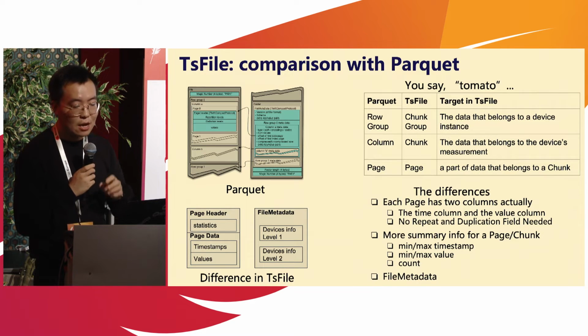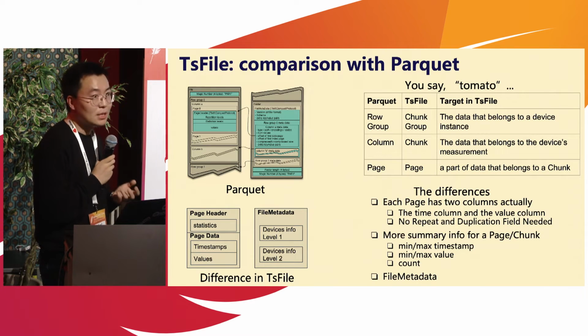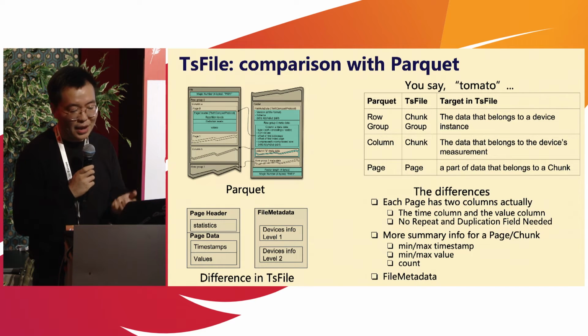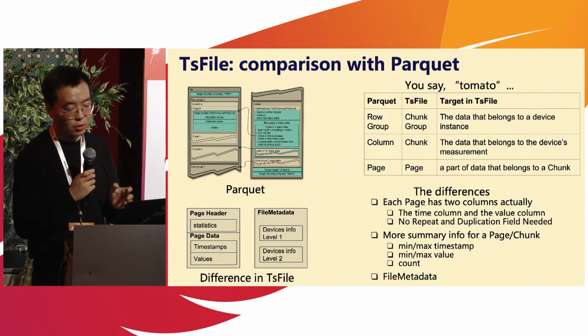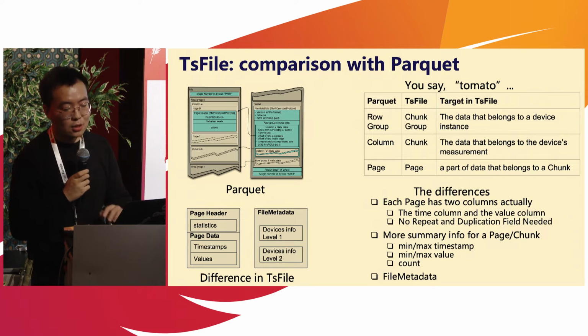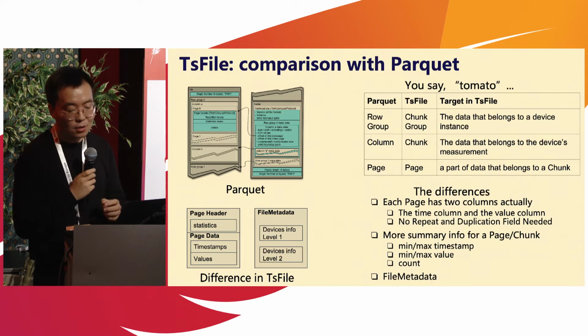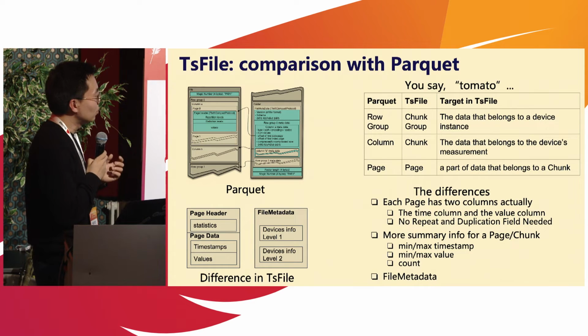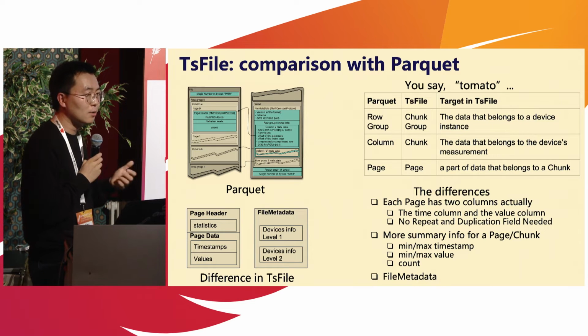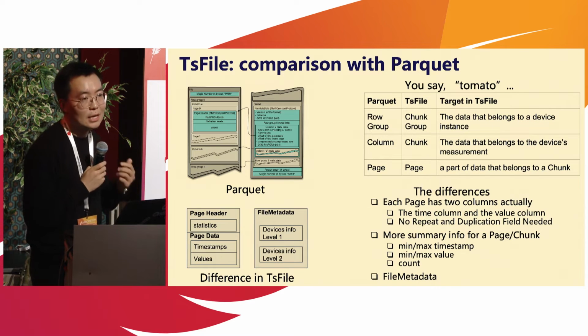It is because IoTDB is an OLTP system, and we need to repair the data file if the process shuts down abnormally. So we need to know the meaning of each byte in the file. And if there is a broken file, we can fix it and append the new data at the tail of the file. However, it is hard to do that using Parquet, because Parquet uses Thrift to serialize the file metadata.